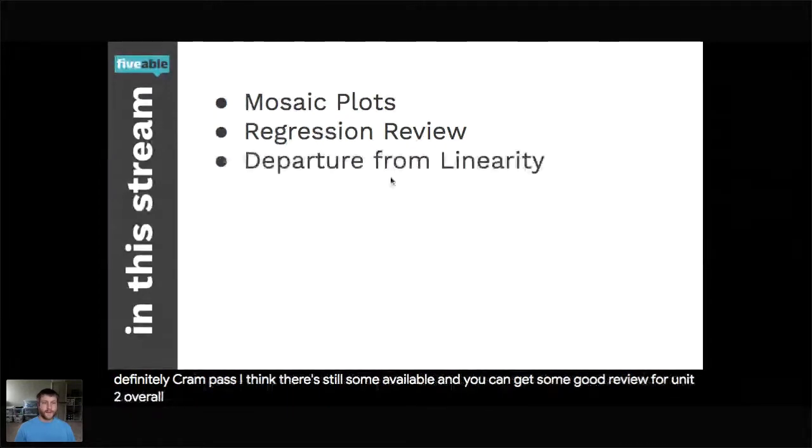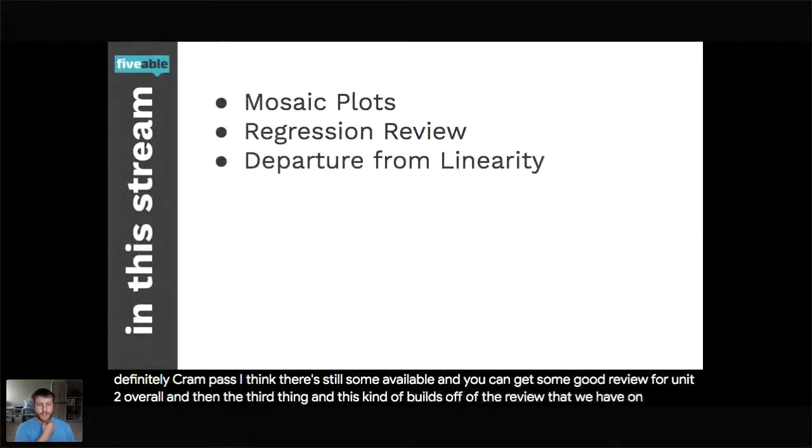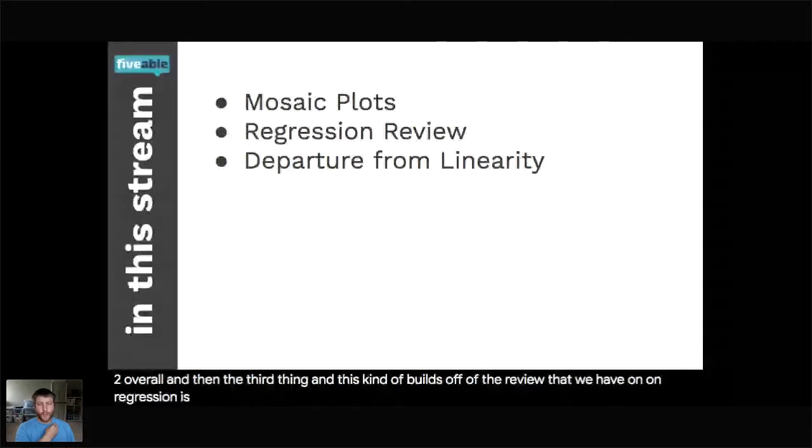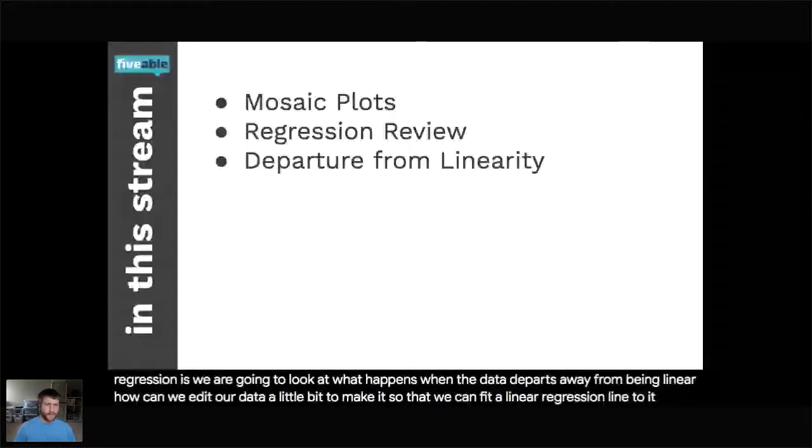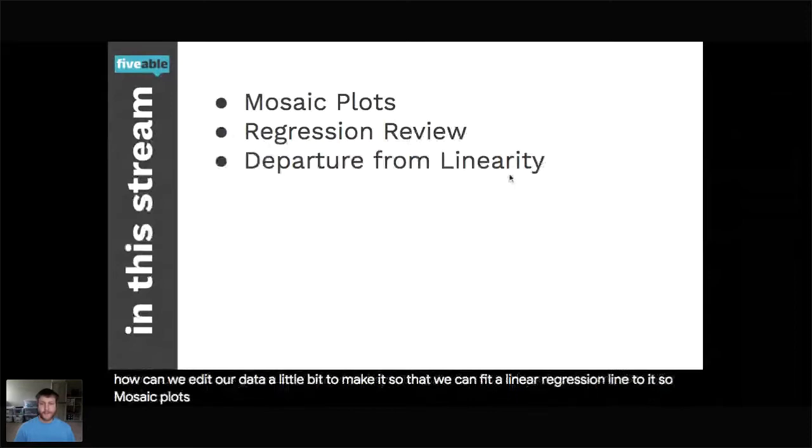And then the third thing, which builds off of the review on regression, is what happens when the data departs away from being linear. How can we edit our data a little bit so that we can fit a linear regression line to it? So mosaic plots and that departure from linearity were both new this year to AP Statistics.